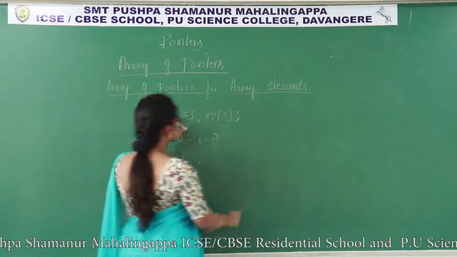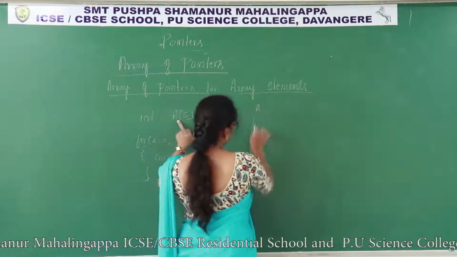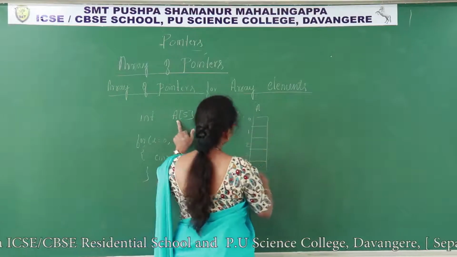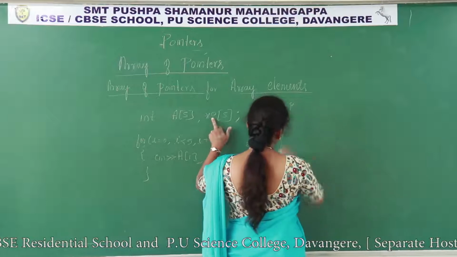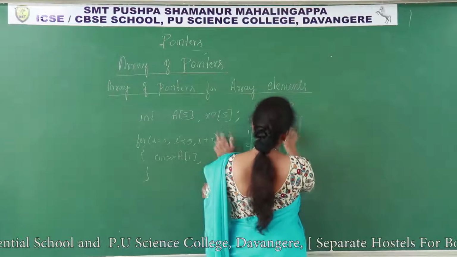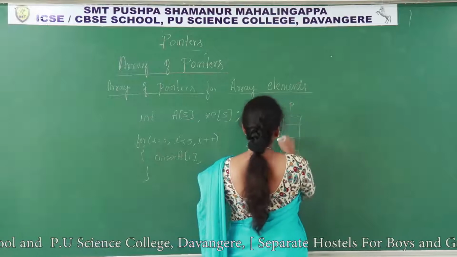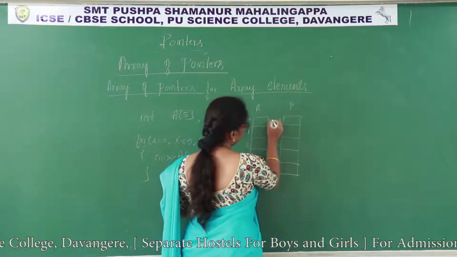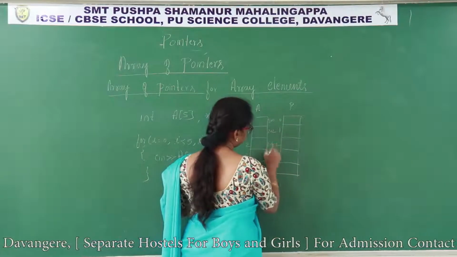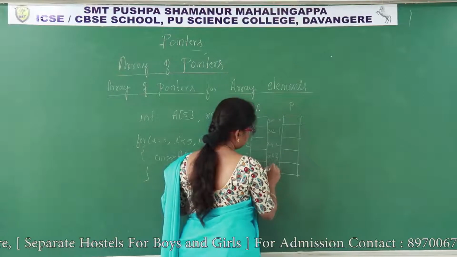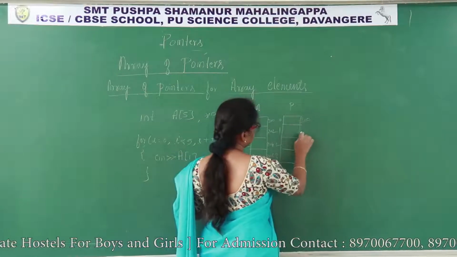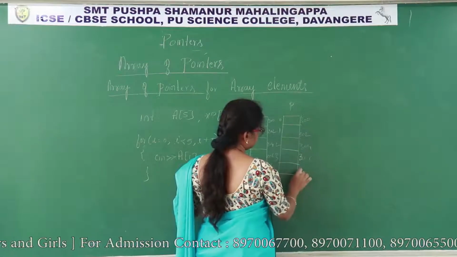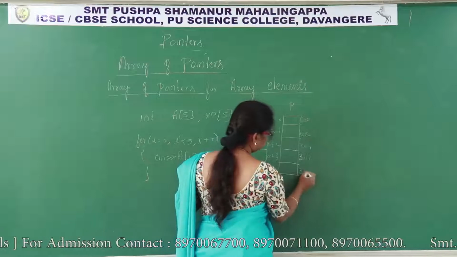When I write this statement, there is a memory allocation for A, and for P. Let us consider 200, 202, 204, 206, 208, and 300, 302, 304, 306, 308.